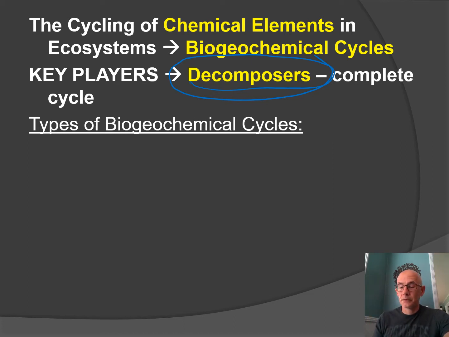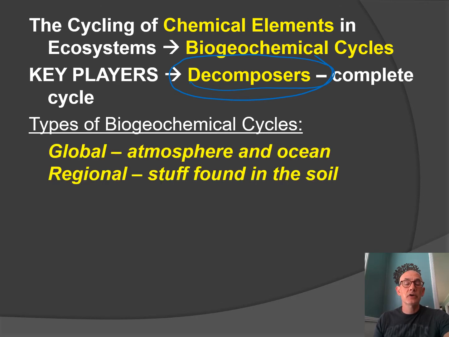and grow. The two basic types of geochemical cycles are going to be global cycles, things that move around the planet. So that's going to be the water cycle and the atmospheric cycles and anything that is in those. And then your regional stuff is going to be basically what's in the soil. Although through erosion, the soil can get into the water and then into the oceans.